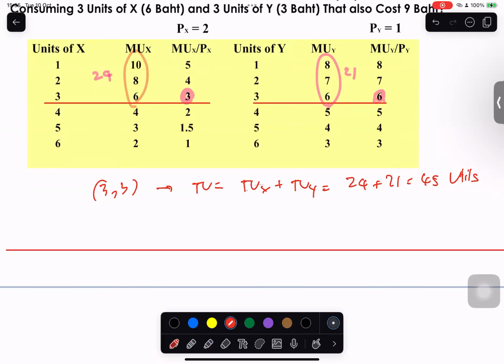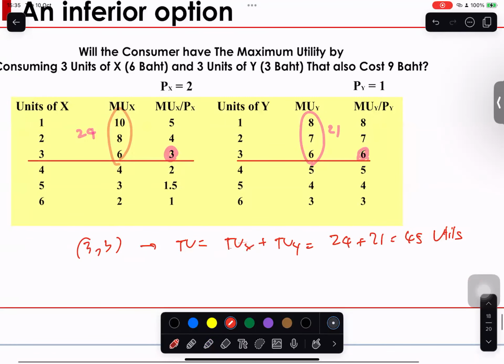Yeah, which is an inferior choice. This choice is not the utility maximizing choice. The utility maximizing choice is 2x plus 5y. It gives 48, but this one only 45.